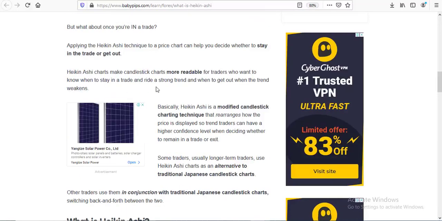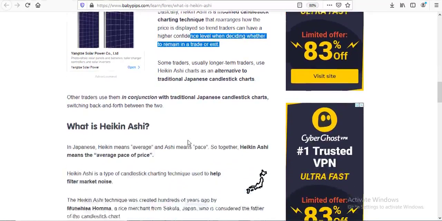Okay, so the Heikin Ashi is a more advanced level of the candlestick chart, so that those who are trading trend, like trend traders, can basically just decide if the trend is going up or it's going down, or it's weak or it's strong. Okay, so the Heikin Ashi charting technique rearranges how the price is displayed so that trend traders can have a higher confidence level when deciding whether to remain in a trade or to exit.